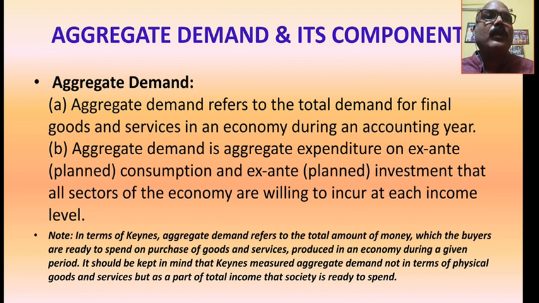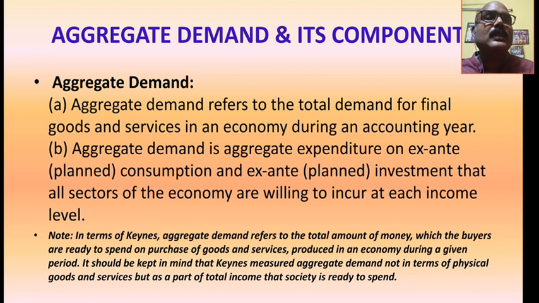So therefore, according to Keynes, aggregate demand is the sum of planned consumption and planned investment, or in economics it is called ex-ante consumption and ex-ante investment, that all sectors of the economy are willing to incur at each income level.